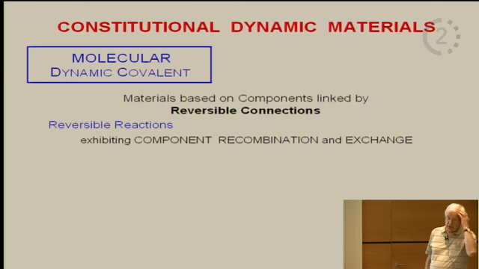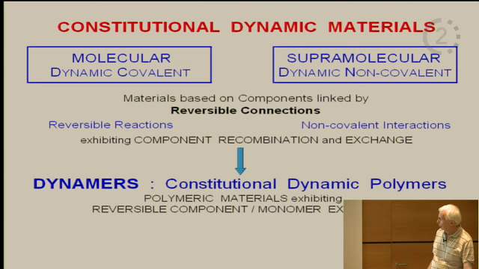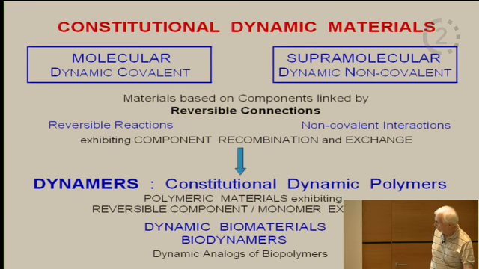In principle, just to set the picture, these materials can be molecular dynamic covalent, thanks to reversible reactions, or supramolecular non-covalent interactions. And if you apply that to a typical material, a polymer, that means making dynamic polymers, which we like to call dynamers, dynamic polymers. And they can also be biomaterials.